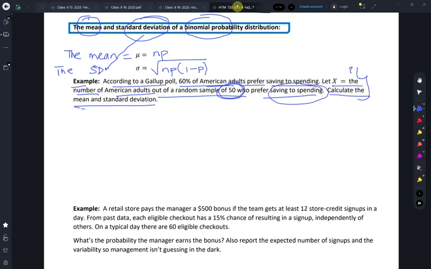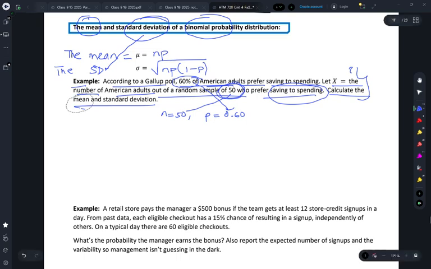So our n is 50, whereas p, the other parameter of the binomial distribution, is 60%, because based on past data, the probability that each next person we see will prefer saving to spending is 60%.